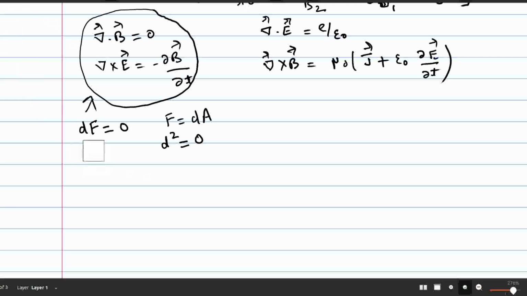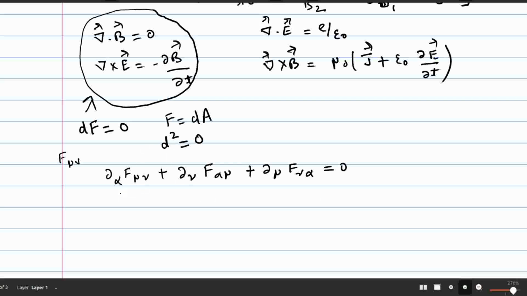Now this dF equal to 0, if we write it in terms of F mu nu, can be written as del alpha F mu nu plus del nu F alpha mu plus del mu F nu alpha equals 0.